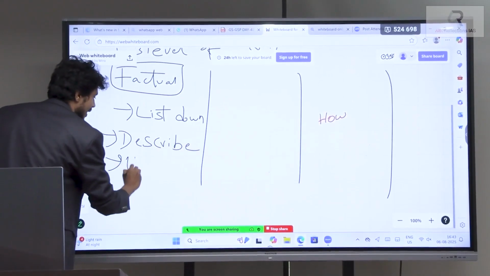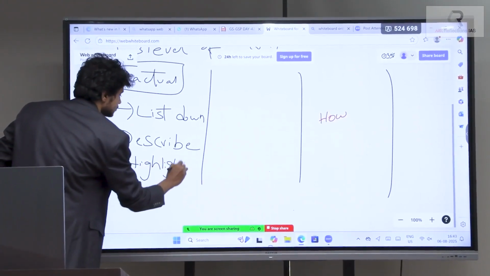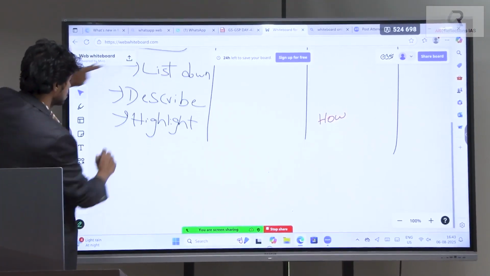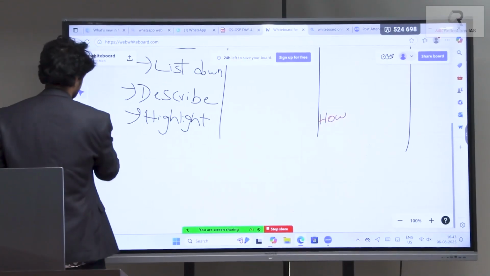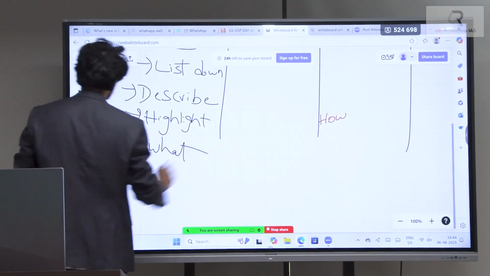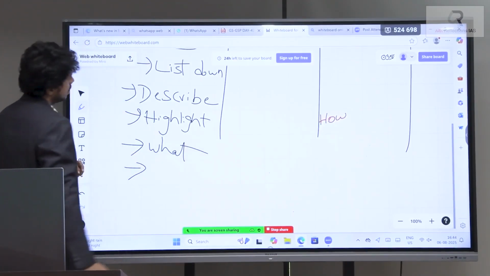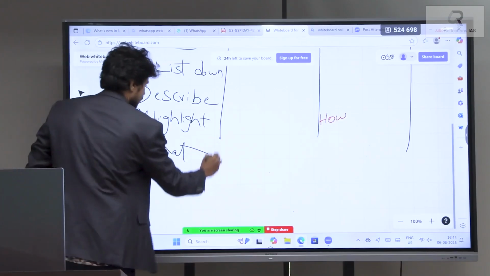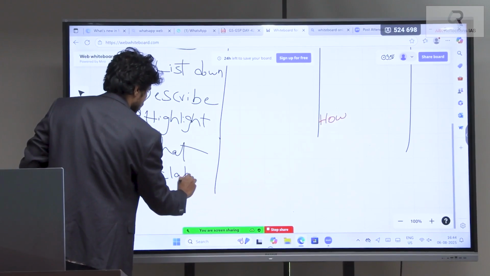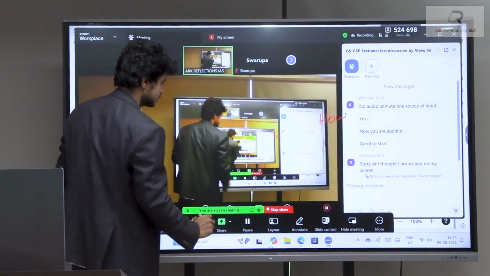Then we are talking about highlight. Then the next one is what. These are the things. You can also bring in elaborate as well.